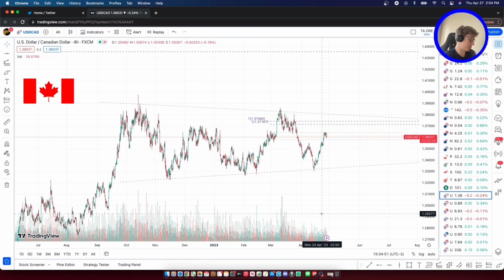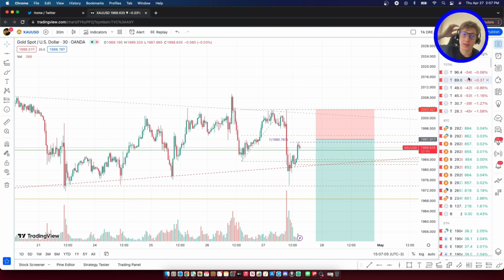Canada is a large commodity exporter, so ideally we would want to see the commodity index break down for this trade, or maybe just a very strong dollar, either one. And then lastly, the third trade that I'm looking at currently is Neo from the Matrix.